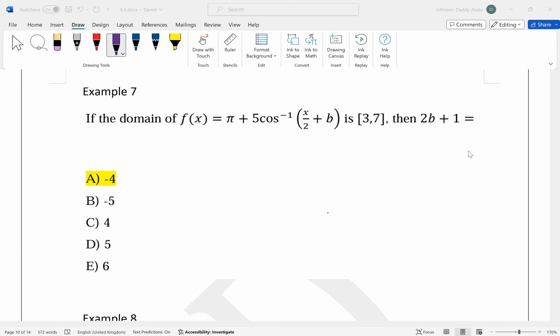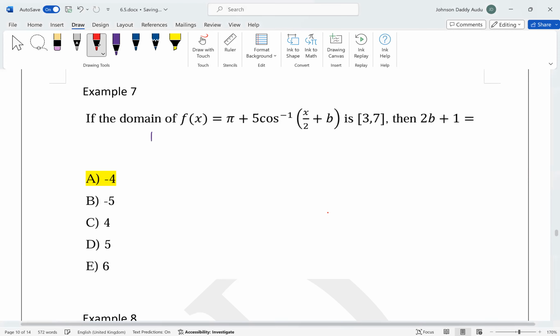Right. Example 7 says: if the domain of the function f of x equals pi plus 5 cosine inverse of x over 2 plus b is the closed interval 3, 7, then we need to find 2b plus 1. Now, what is the domain?